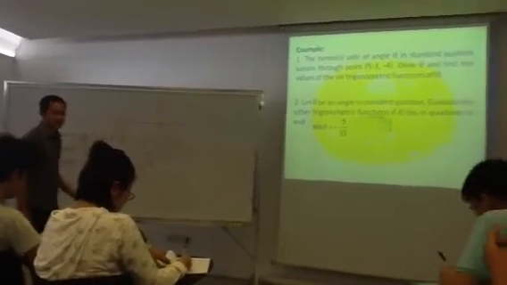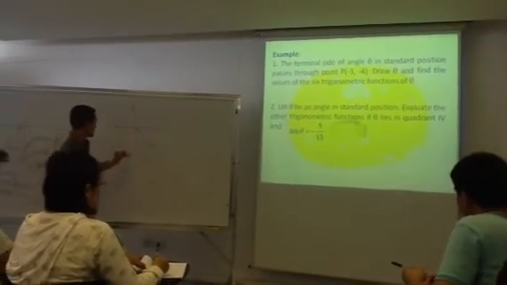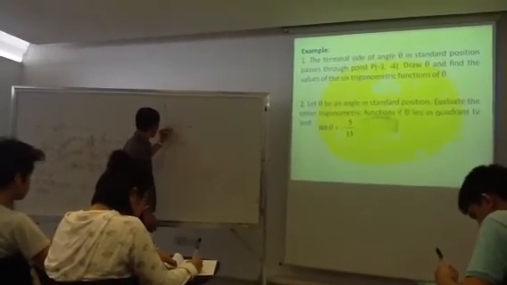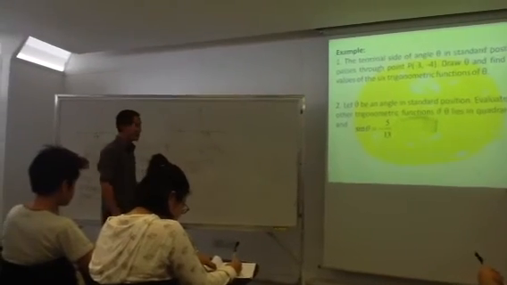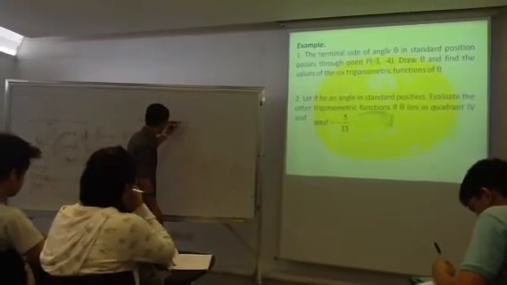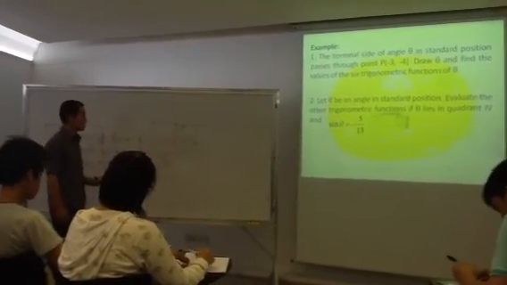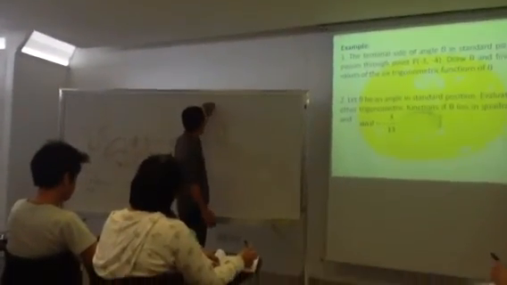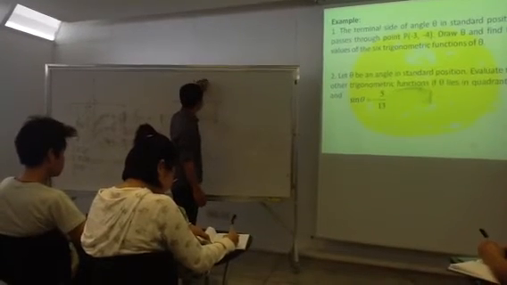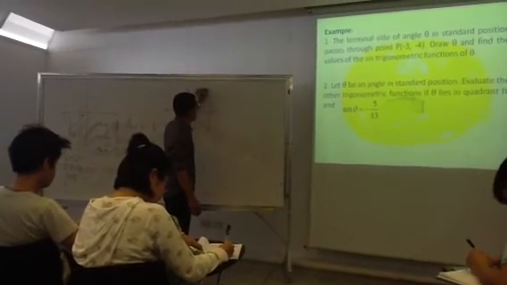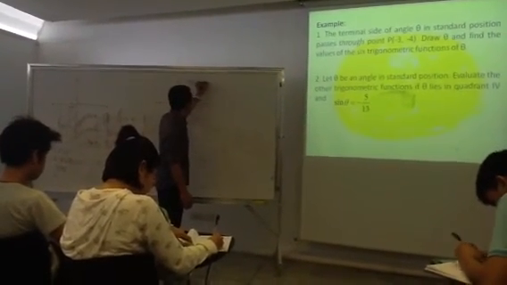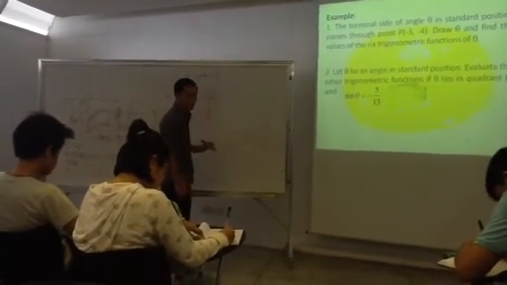So we can use this as our theta, which is the reference angle. Now let us draw a triangle here with respect to the x-axis. Now we are given sine theta, which is negative 5 over 13.